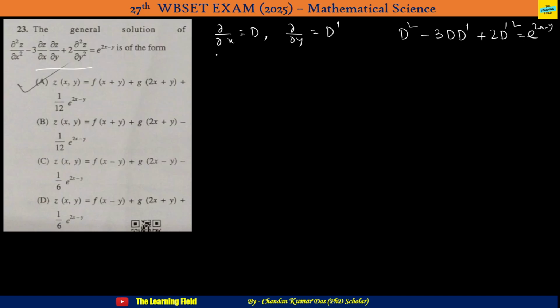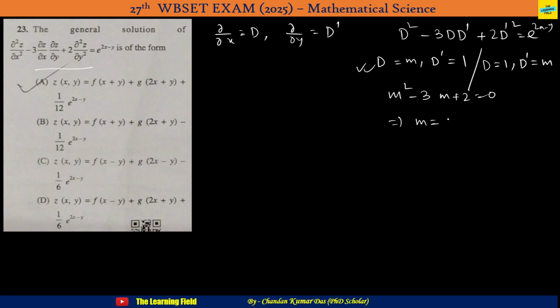Now first we find the auxiliary equation by putting D equal to m and D dash equal to 1, or either you can choose D equal to 1 and D dash equal to m. This is the standard procedure. So we get the auxiliary equation m square minus 3m plus 2 equal to 0, and here we get the values of m equal to 2 and 1.